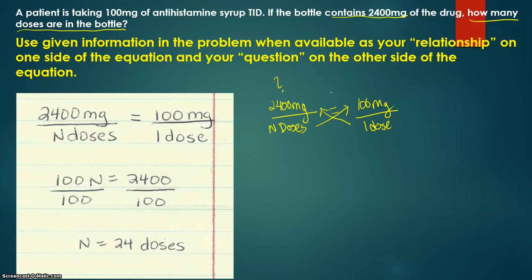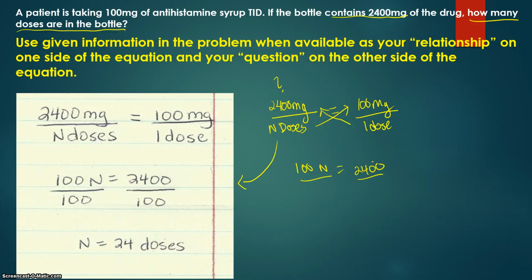Now our next step is to cross multiply. So 2,400 milligrams over n doses. Cross multiply, you get 2,400 milligrams times 1 gives you 2,400 milligrams, and 100 milligrams times n doses gives you 100n.